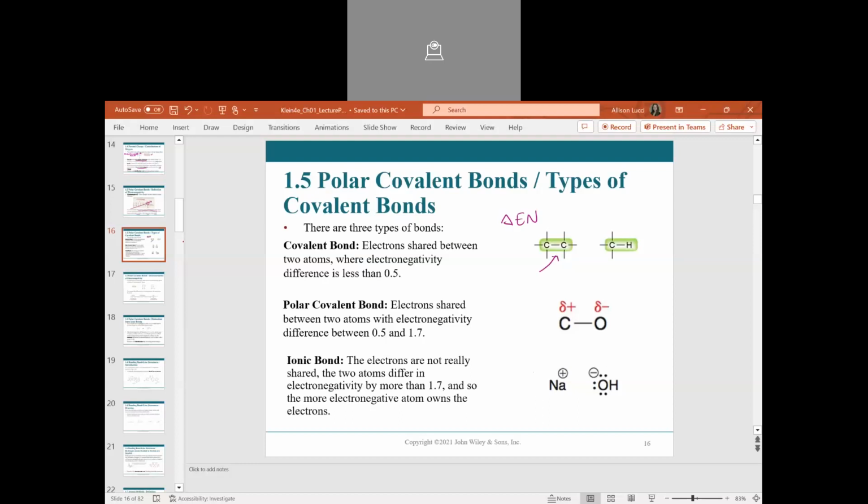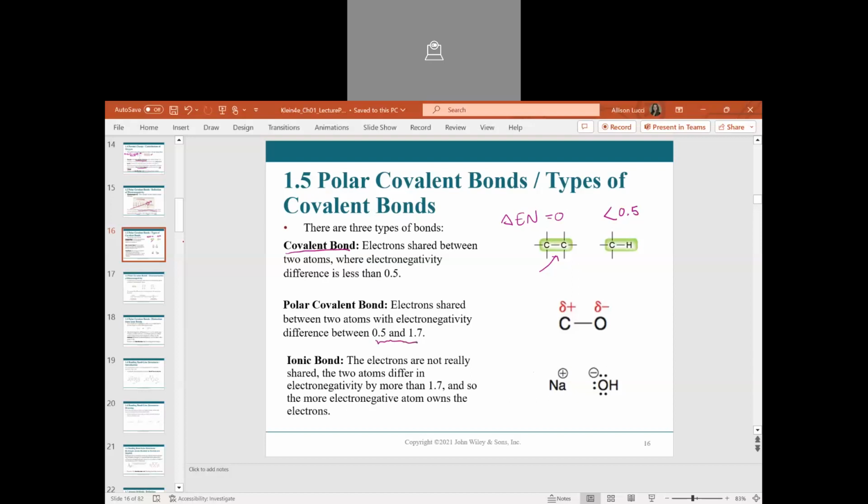So things like a carbon-carbon bond will be zero, right? No difference. And then these would be considered, is that greater than or less than 0.5 for a carbon-hydrogen bond. So that these would be considered strictly covalent, not really polar at all.